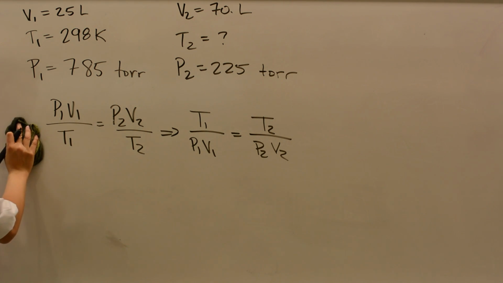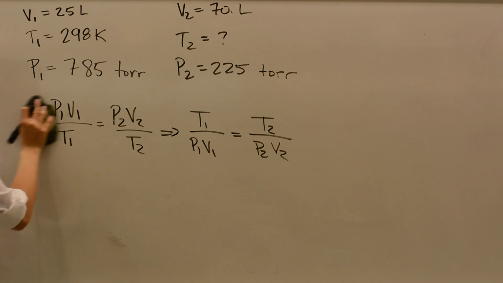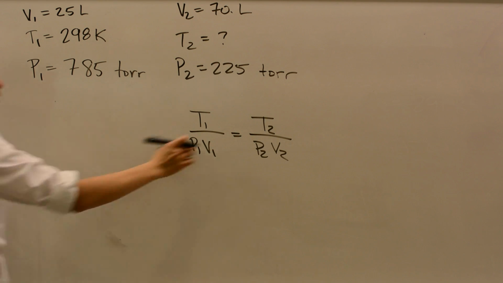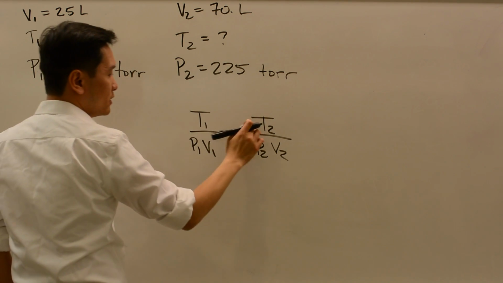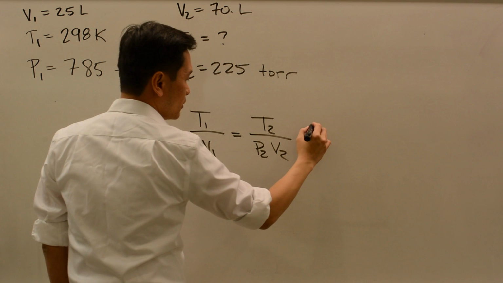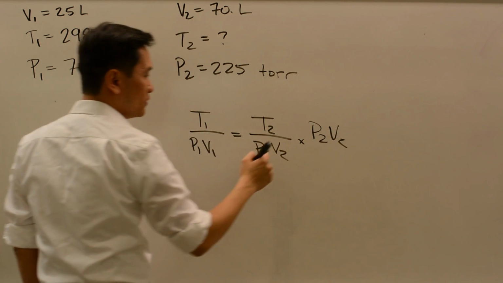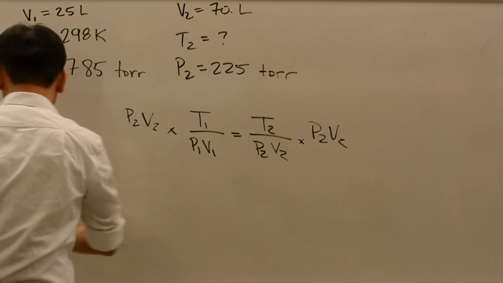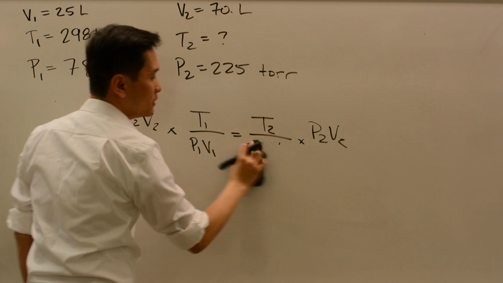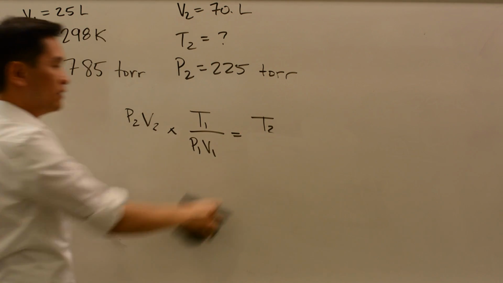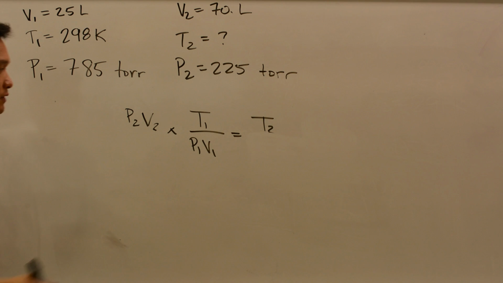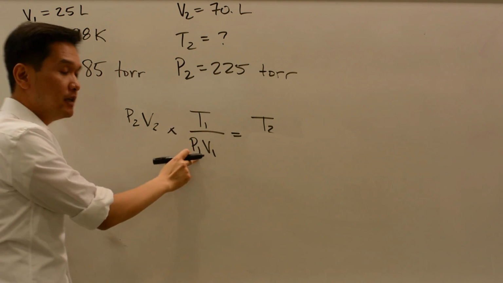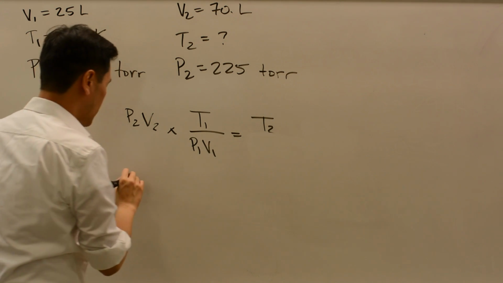You can do that in math if you flip the whole thing. So that's our new equation. But again, we're solving for T2, so we want to isolate T2. How do we isolate T2? We multiply both sides by P2V2, because P2V2 will cancel out with P2V2, giving us our equation for T2, which is P2V2T1 divided by P1V1.